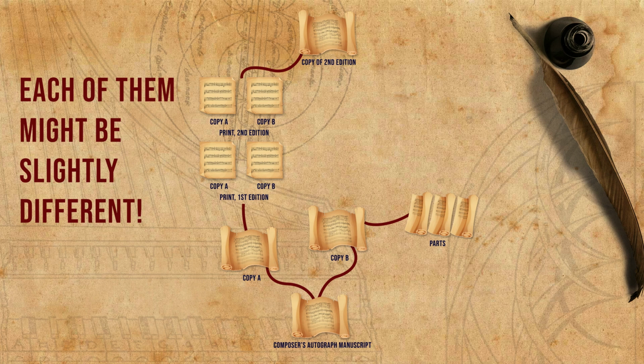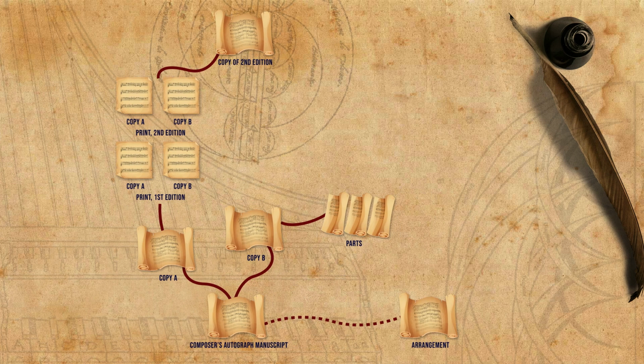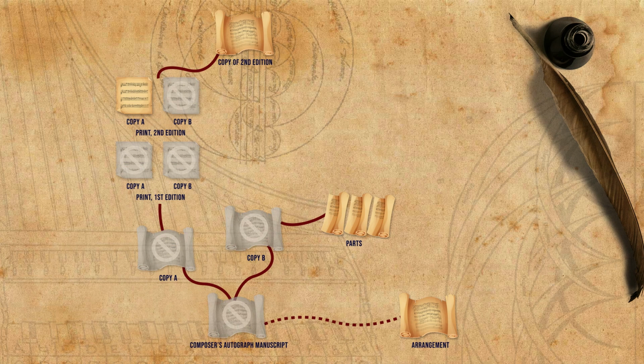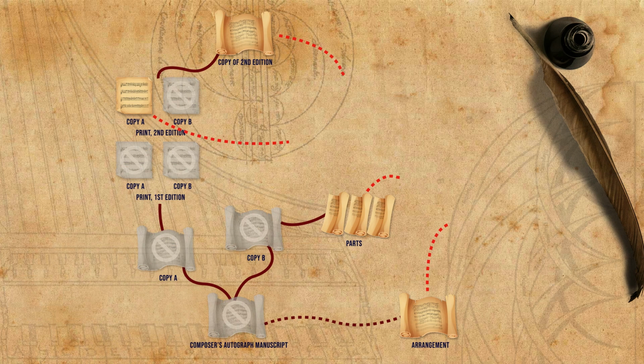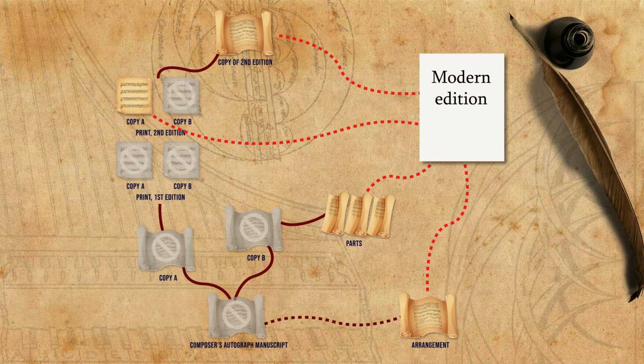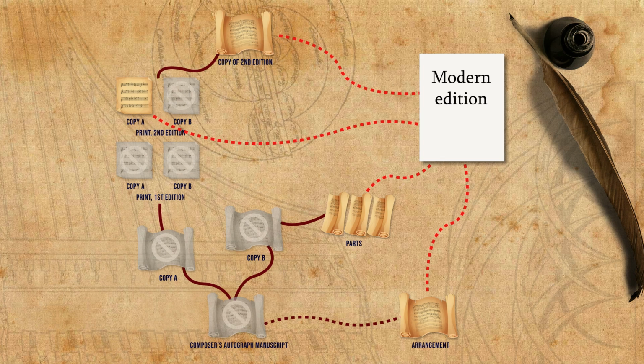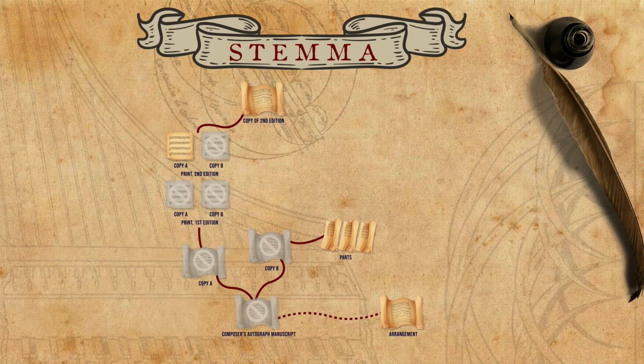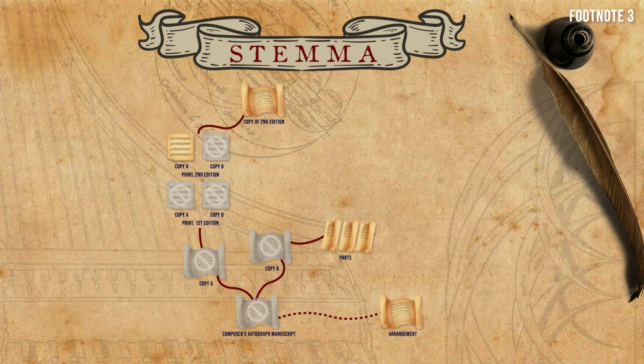In addition, surviving sources of arrangements of the works may also be consulted. Based on the surviving material, the editor has to compile a version that he believes represents the composer's work the best. This is done by creating such a chart of the available sources, called stemma.